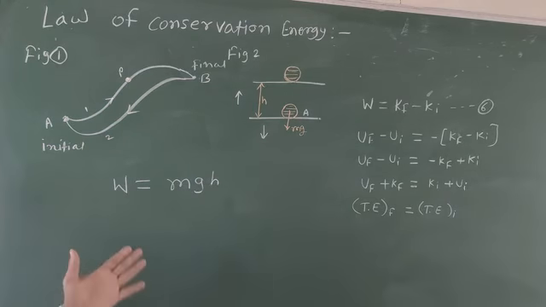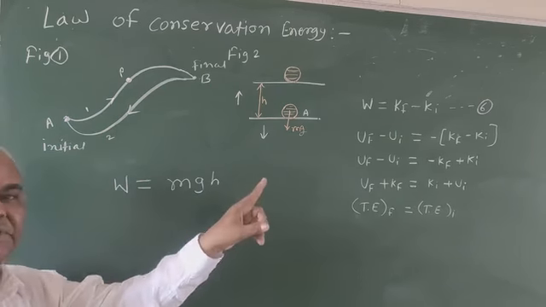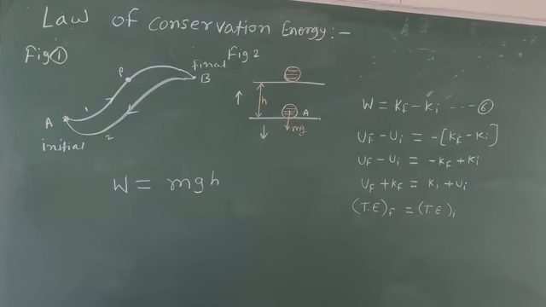Obviously, this work done during the lifting of that body to height h is given by mgh. And this work done is known as the gravitational potential energy of that body. That means potential energy is given by mgh. This is another point from this chapter.